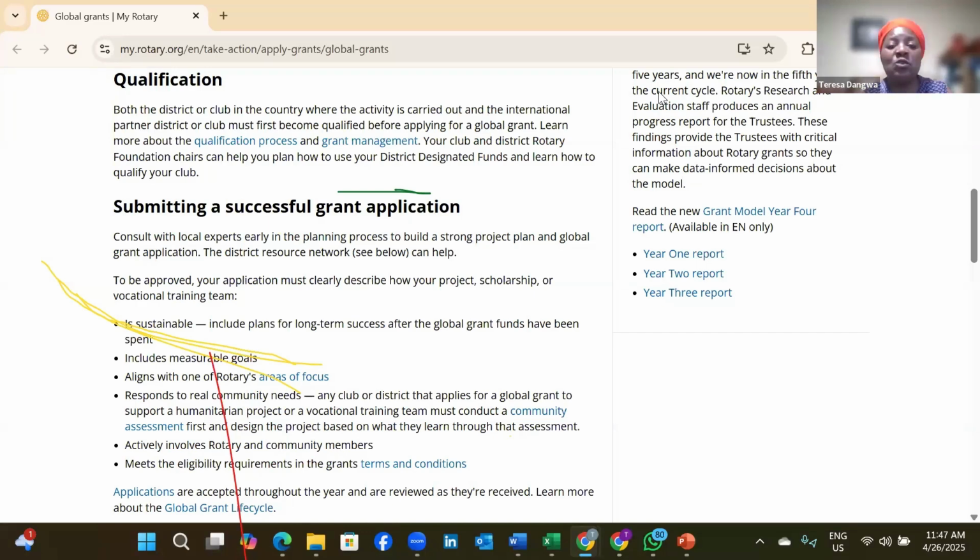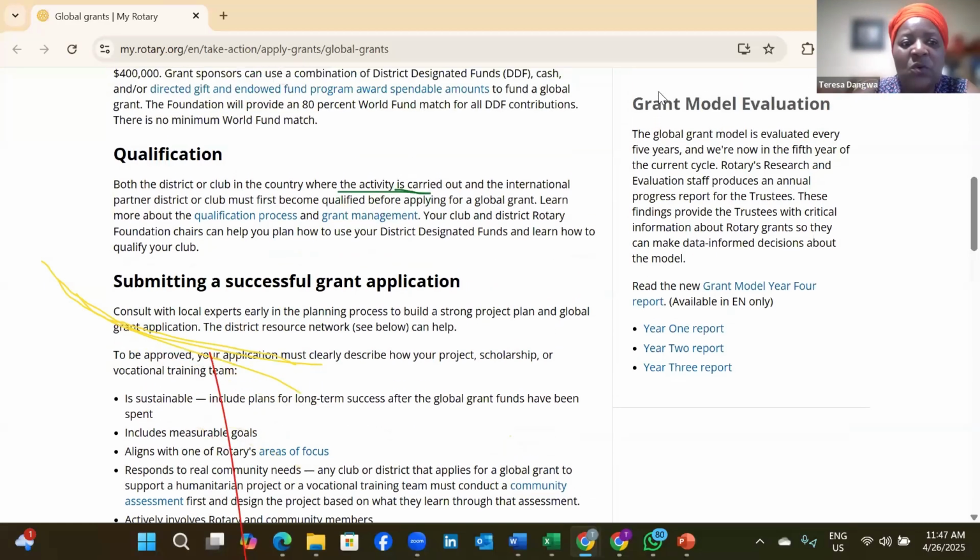So as an individual, you can't just go for the global grants for Rotary Club. They have an expectation of partnerships between the district or a club in the country where the activity is going to happen, as well as a district and a club from an international partner. So if you don't have those partnerships, find those partnerships in order for you to qualify to apply for the Rotary grant.